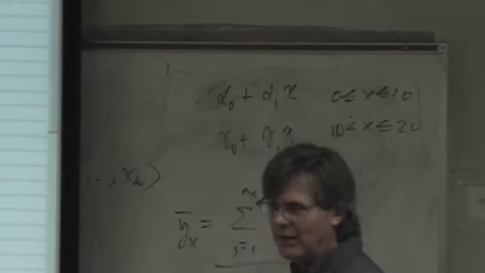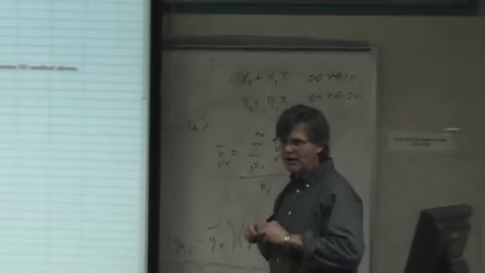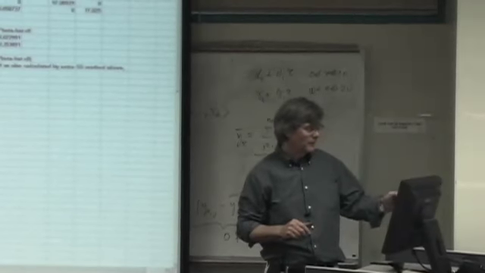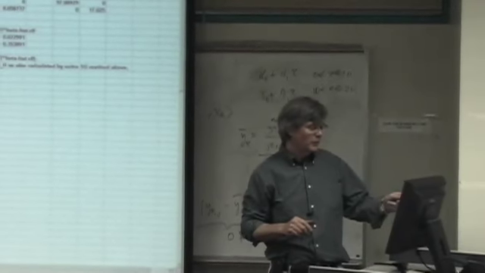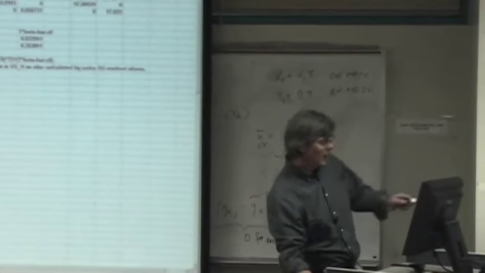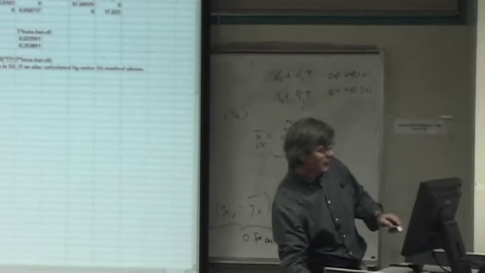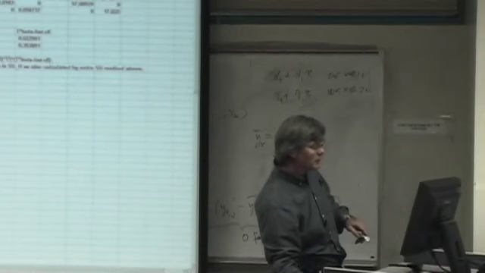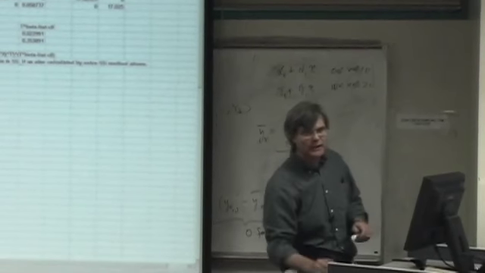That was it. How did I write that as a linear model? I wrote it as EY equals X beta, where the columns have parameters associated with them. So the parameters would be alpha 0, alpha 1, gamma 0, and gamma 1. Everybody clear about that?